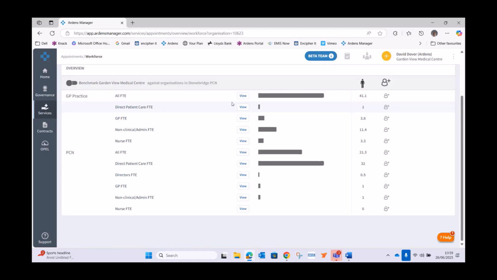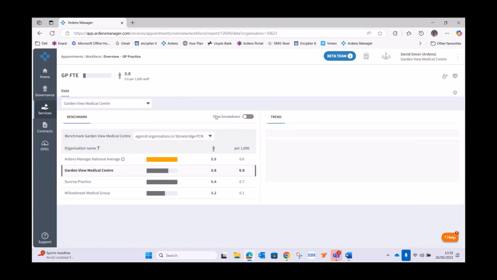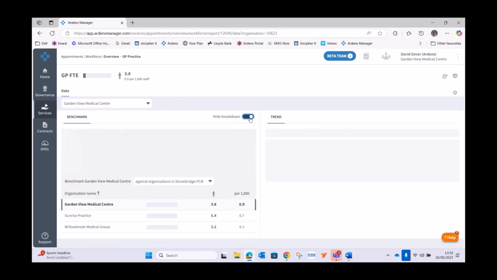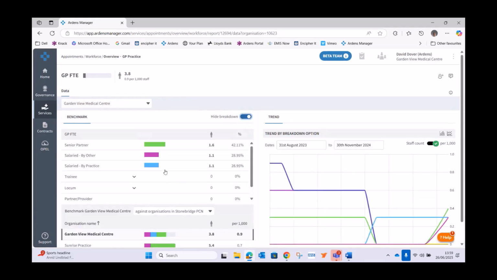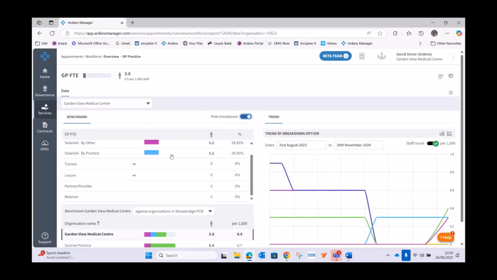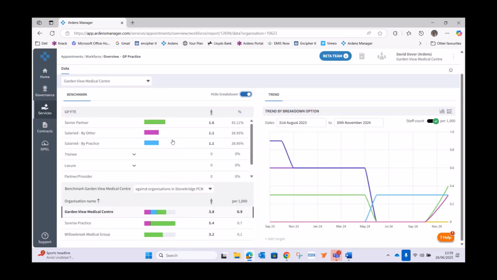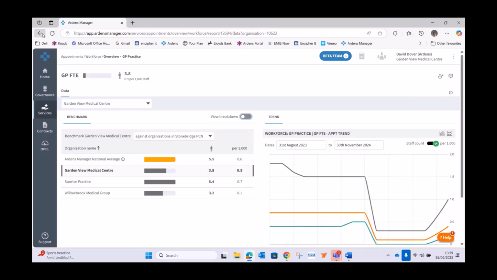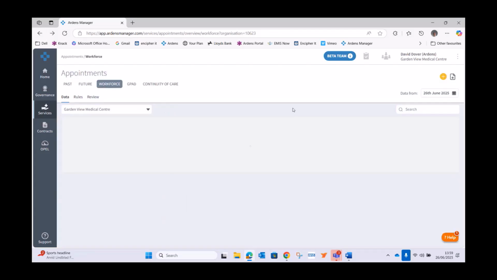You may do it on a monthly basis. But as a practice, you can look at that because this data gets published and you can see what your figures are like in and around your full-time equivalents and so on. So within your practice, what the split is like in and around the data that you submit there as well.